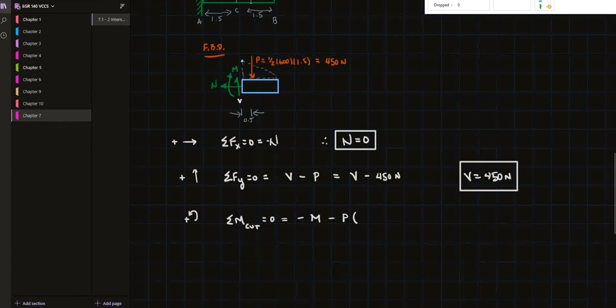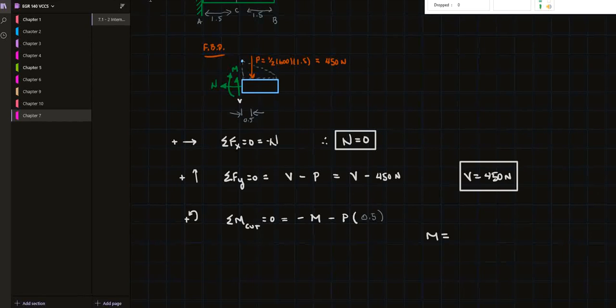So P times 0.5, and we saw that P was equal to 450. So M then is going to equal 450 times 0.5 is 225.